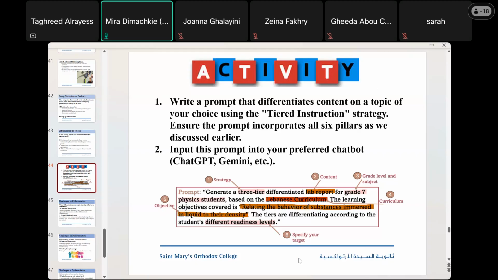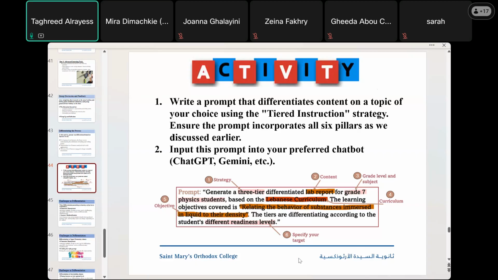The learning objective covered is identify the three states of matter, solid, liquid, gas, and the tiers are differentiated according to the students' different learning styles. I didn't choose readiness level. I chose learning styles.